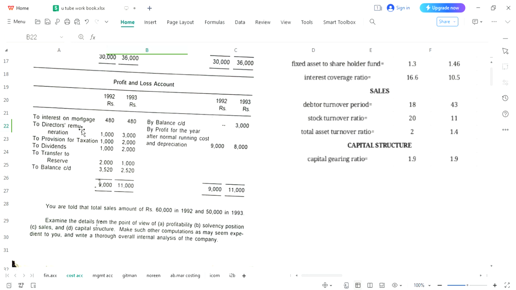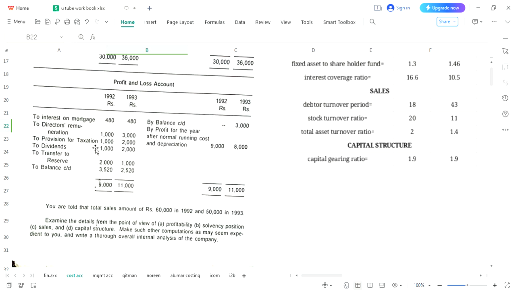Remuneration means salary. So this is your profit before interest and tax. You need to subtract these three items: interest, remuneration and tax. This will become profit after tax and after interest.